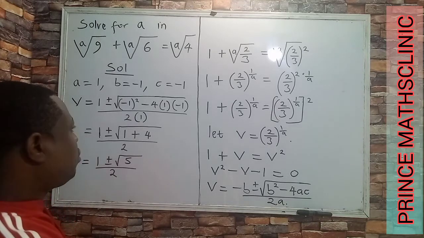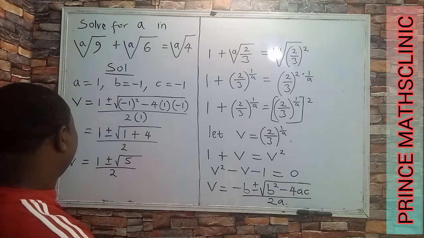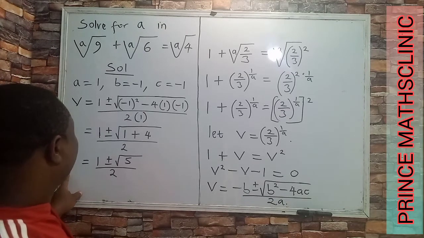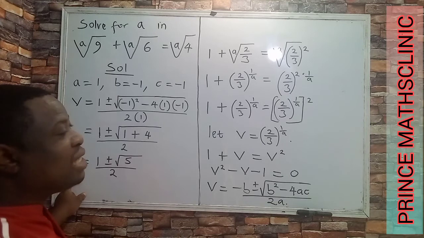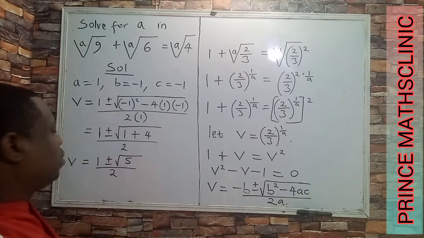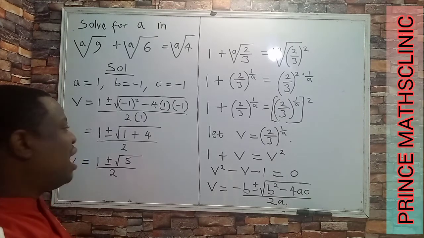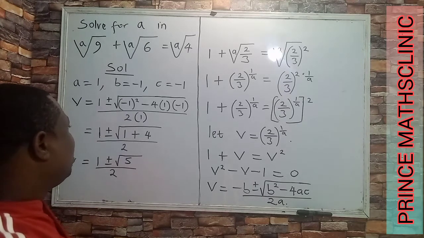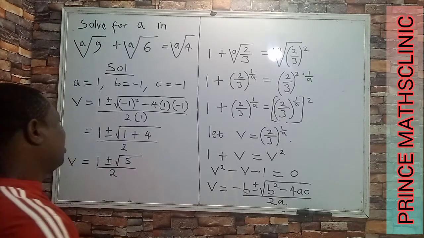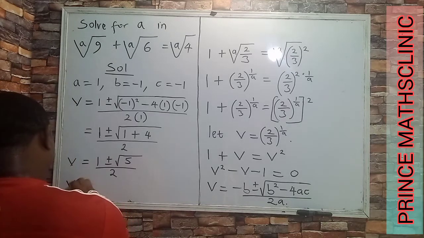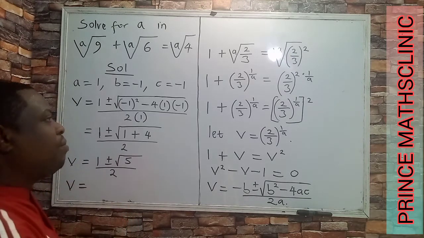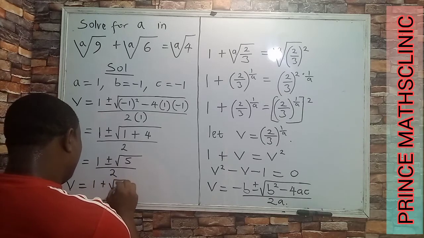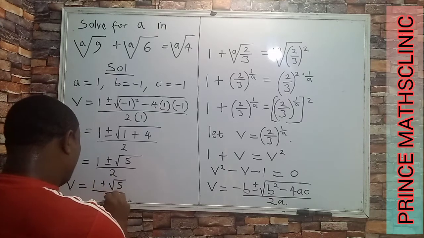Then it means that the true value for v must be greater than 0. V must be greater than 0. And if v must be greater than 0, it then means that the value we are going to accept for v will be 1 plus root of 5 over 2.